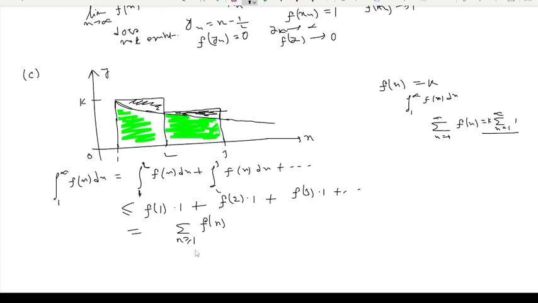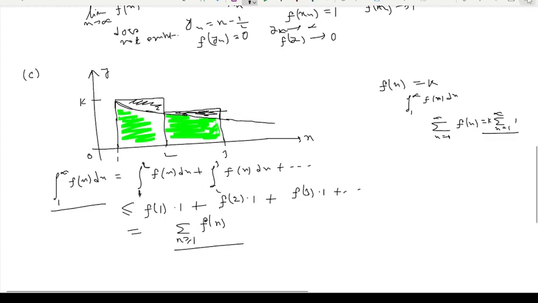So clearly, if summation f(n) is convergent, then integration 1 to infinity f(x) dx will be convergent by comparison test. And from the other side, if integration 1 to infinity f(x) dx does not converge, then summation f(n), n greater than or equal to 1, does not converge, also by comparison test.